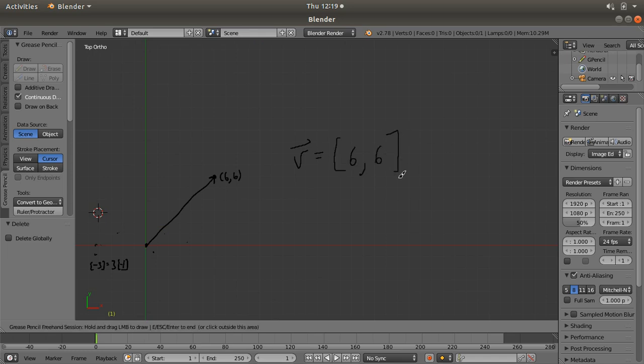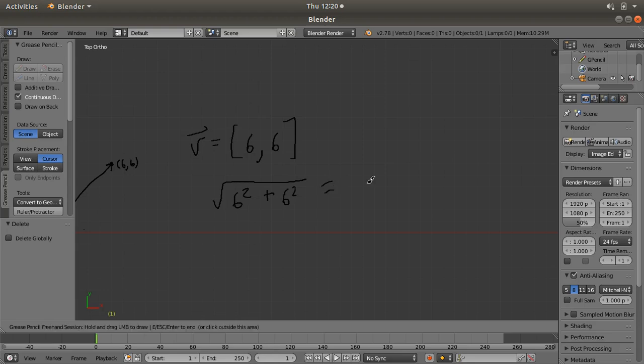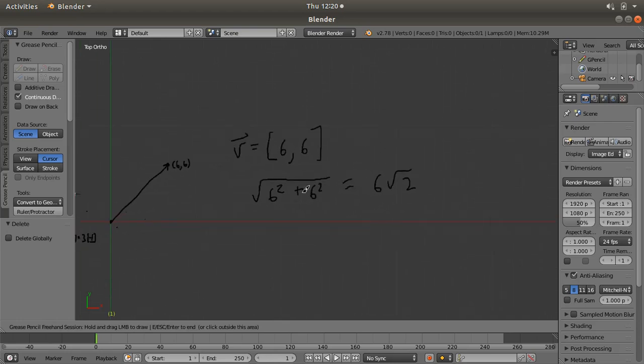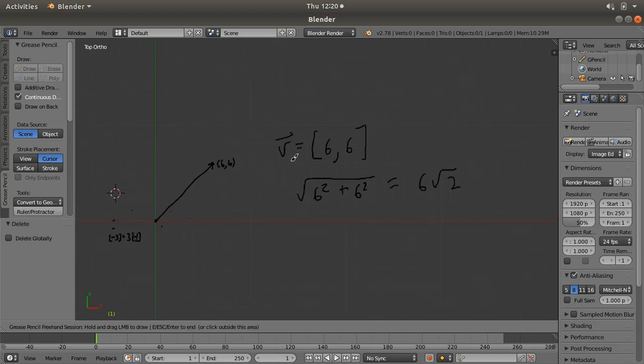To find the magnitude, you take the square root of the sum of each component squared. So 6 squared plus 6 squared is equal to 6 root 2. So the length of this line that runs from the origin to the point 6, 6 is about 8.5.